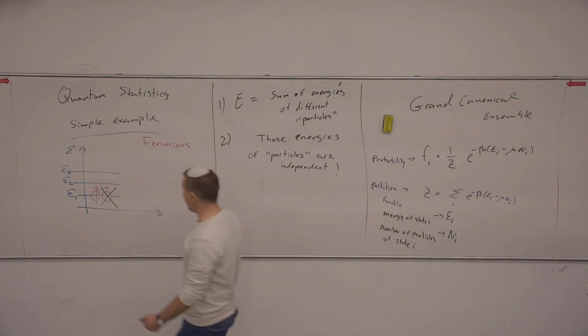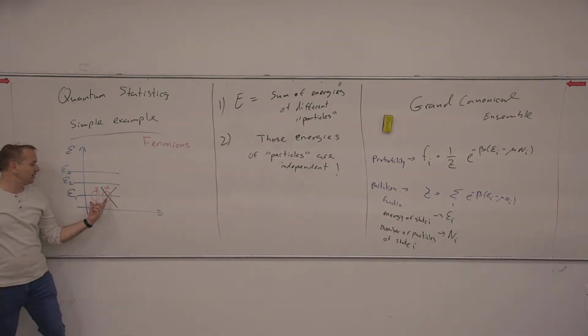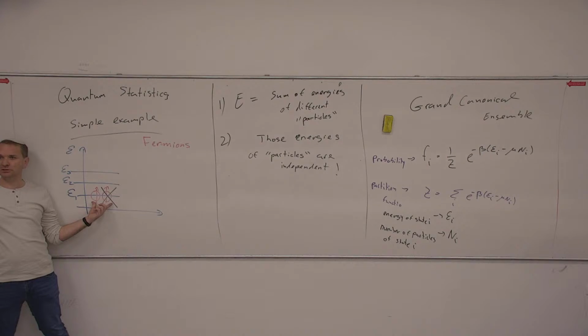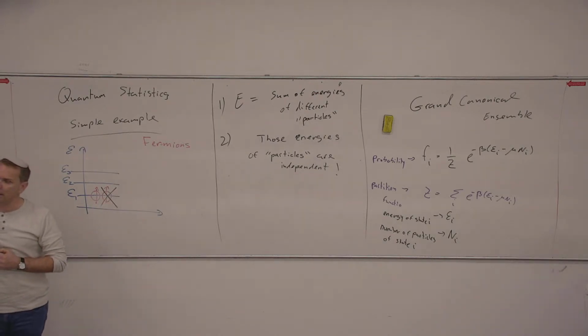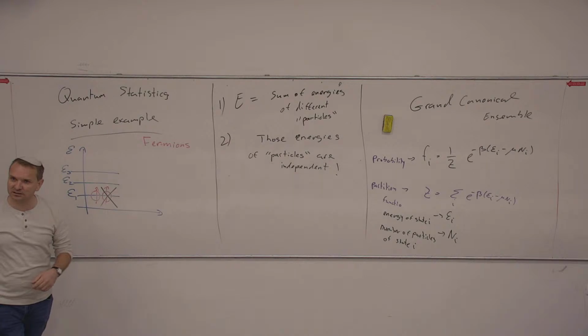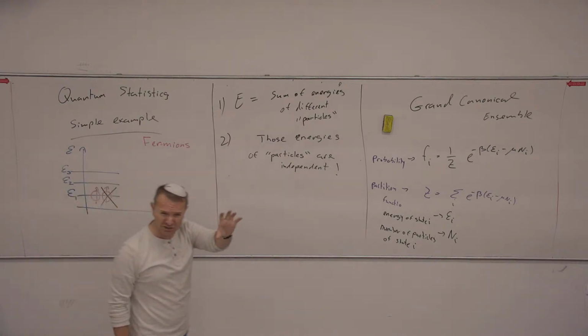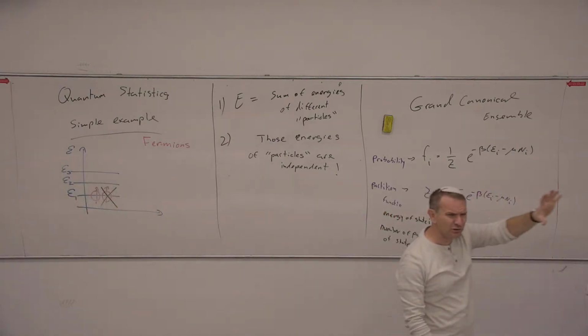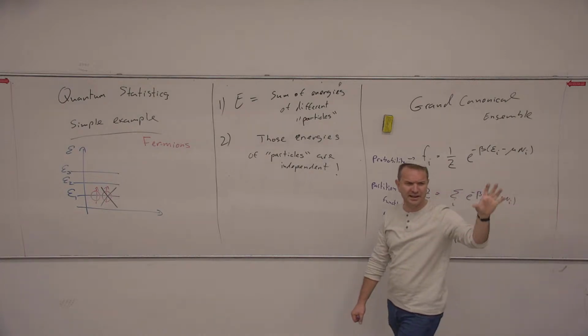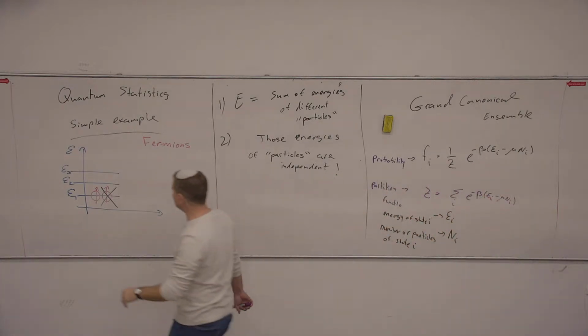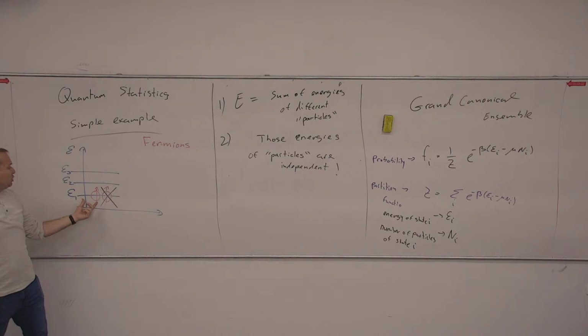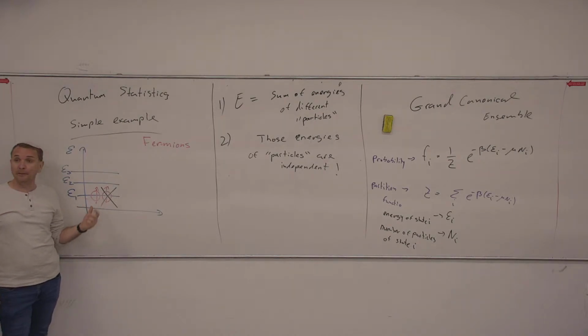Now, the moment you have the Pauli exclusion principle, you don't have independence. Why? Because, let's assume that I can identify the particles, which is impossible in quantum mechanics, but for a moment, assume that I can. The energy of the first particle is epsilon 1.